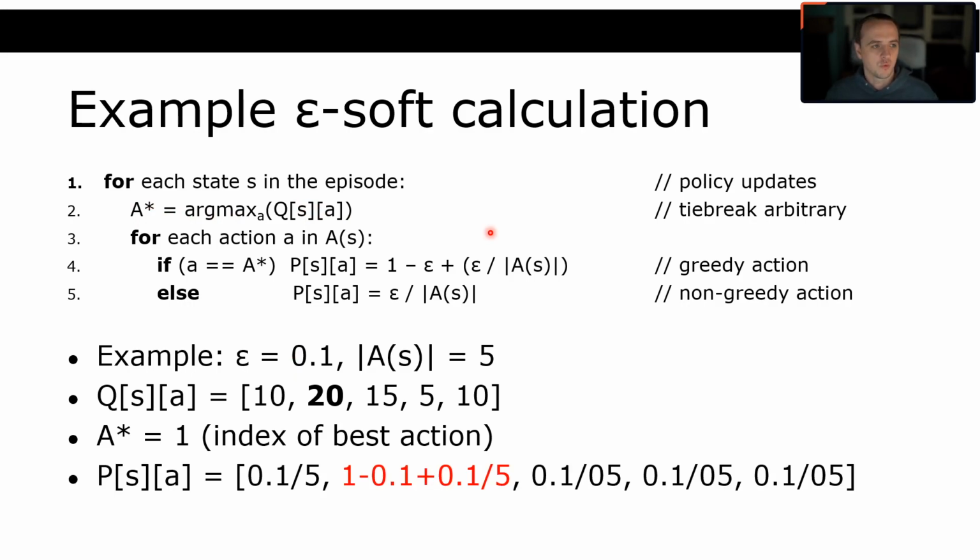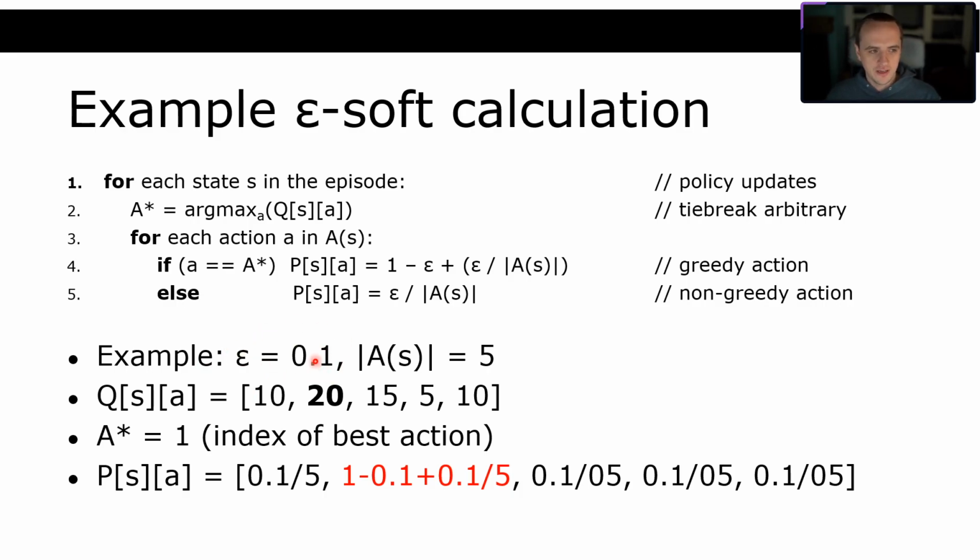Now, if we're trying to do the policy update for the next time step, what we do is the following. If the action is equal to the best action, then we use this formula. If the action is not equal to the best action, then it's equal to this formula. So let's think about this for a second. We're saying that with 10% probability, we want to choose a random action.